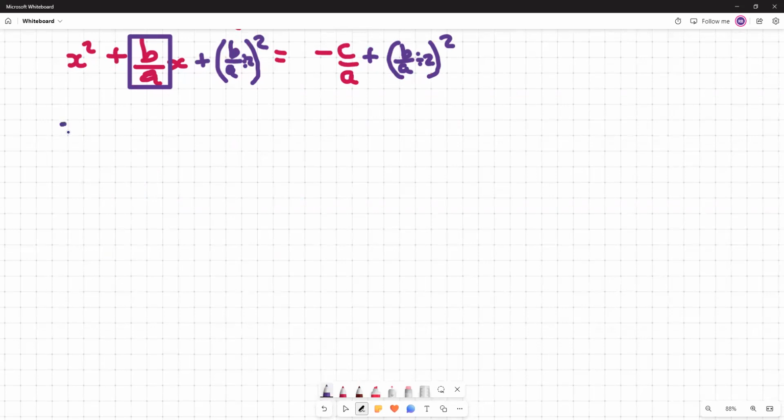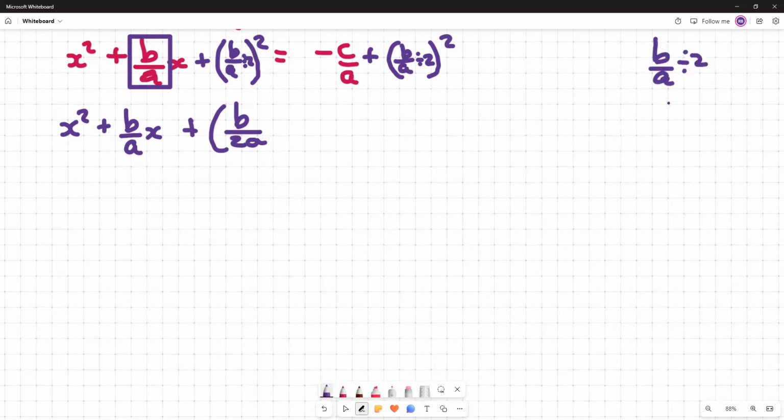So this simplifies to x squared plus b over a x plus this guy here is basically going to be b over 2a, because I have b over a divided by 2, which becomes b over a.